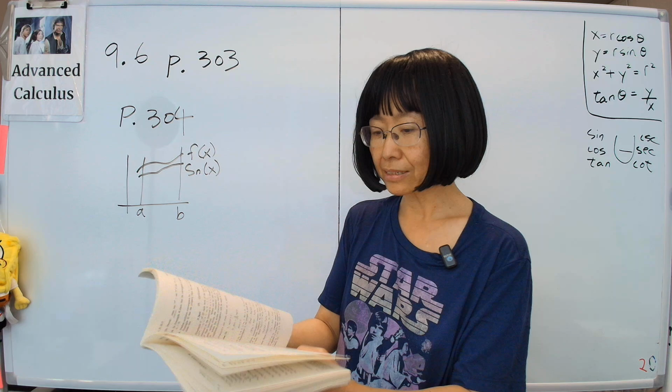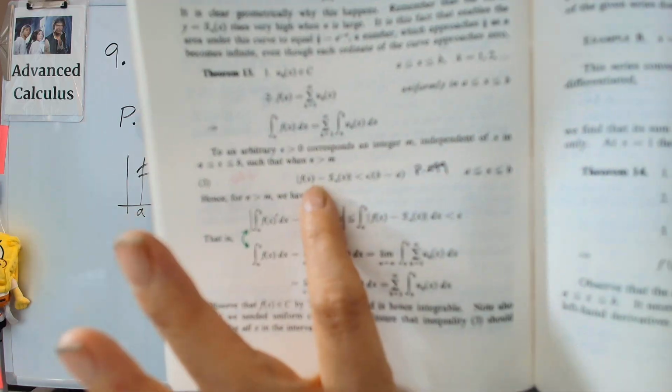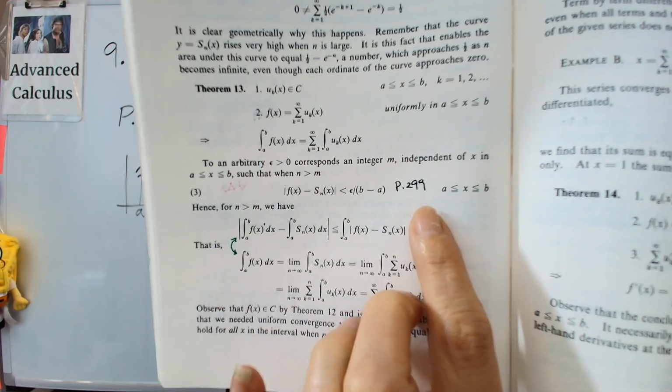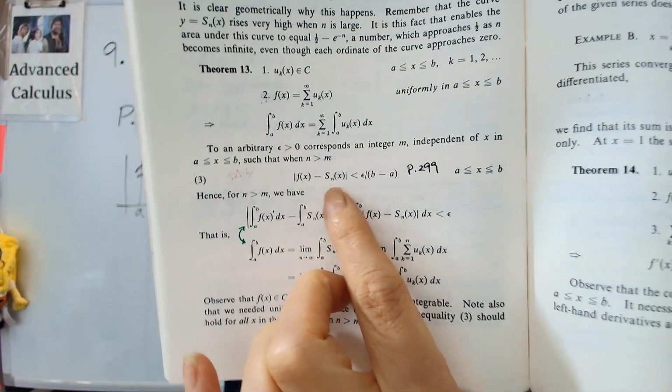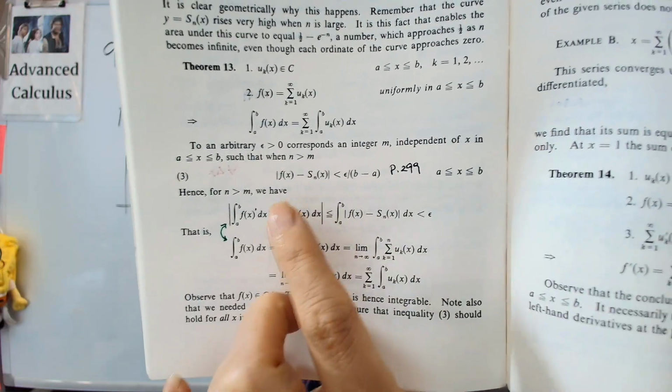Now, given that that is true, this inequality then holds true for all the x's from a to b, and this is the critical point of the proof. Once we have this down, then we're good to go.